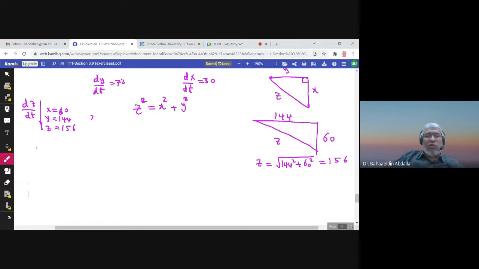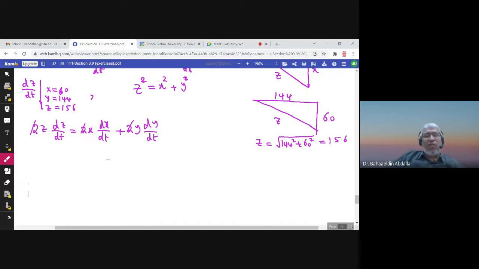So 2z times dz by dt equals 2x times dx by dt plus 2y times dy by dt. And I can cancel the 2, divide each term by 2. Now z is 156 times dz by dt, which is required.